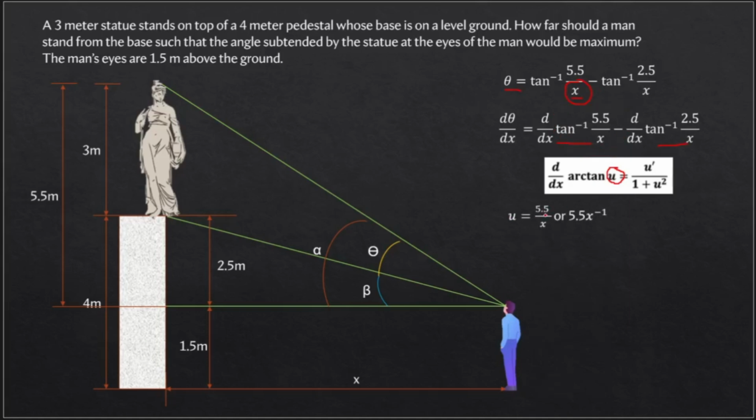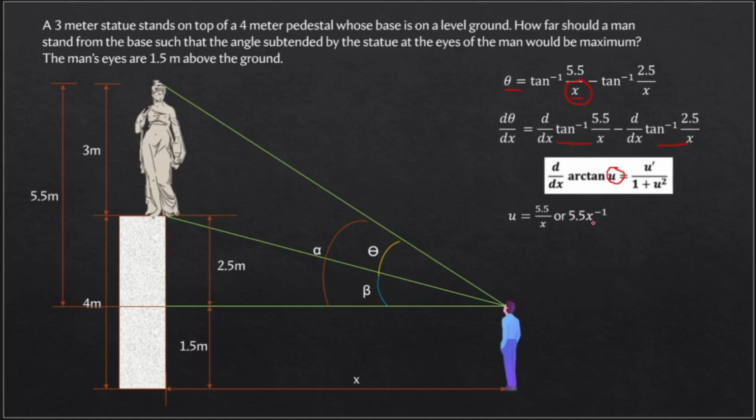So this is our u, and then we can rewrite that as 5.5 times x to the negative 1. Since x is our denominator, we can bring it up and then change the sign of the exponent. So this is now negative 1. Now, we are rewriting this so that we can differentiate easily. So we would have negative 1 times 5.5, that would be negative 5.5.